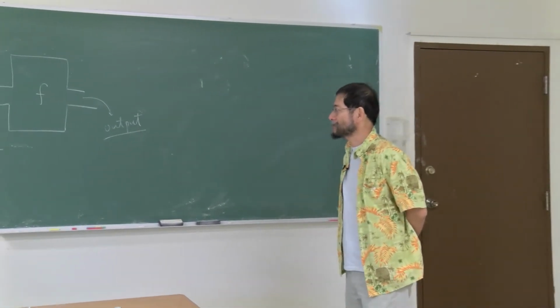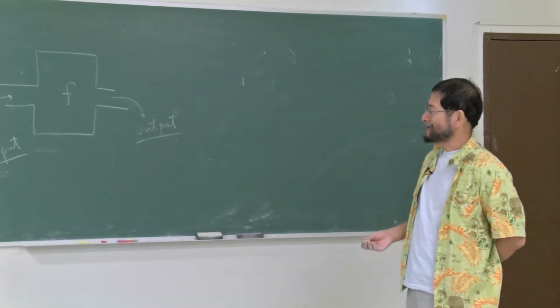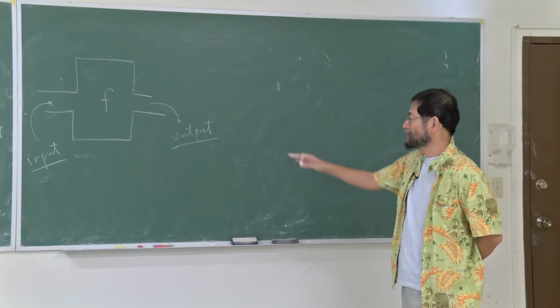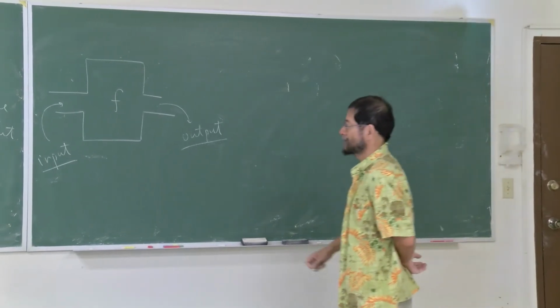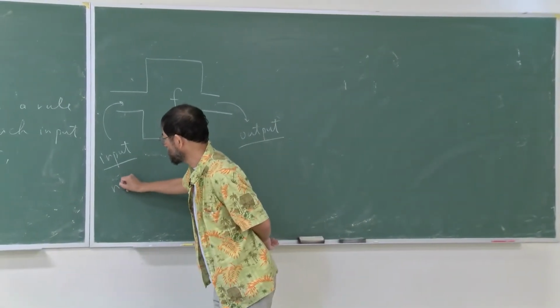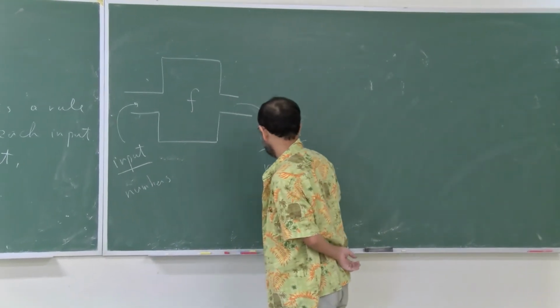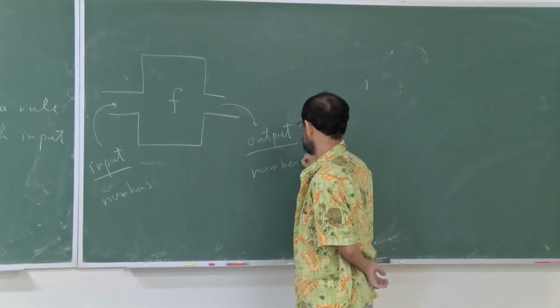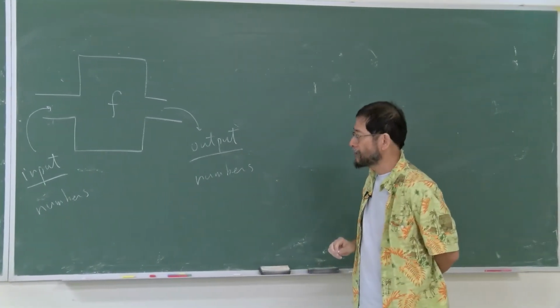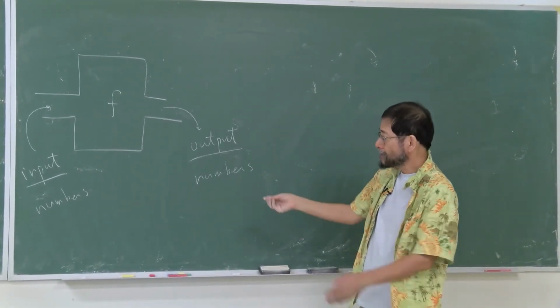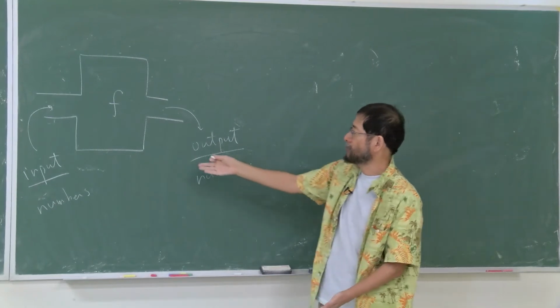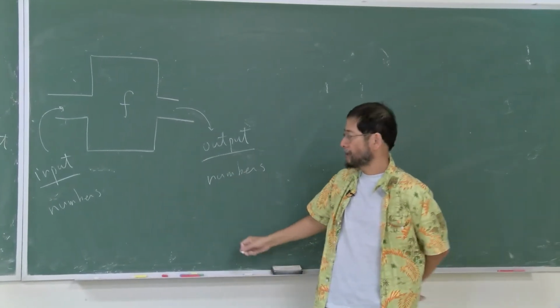But in mathematics, the most useful case is when both input and output are numbers. Typically, you put some number in, then the function returns a number. To describe this situation, I don't want to draw the picture all the time.